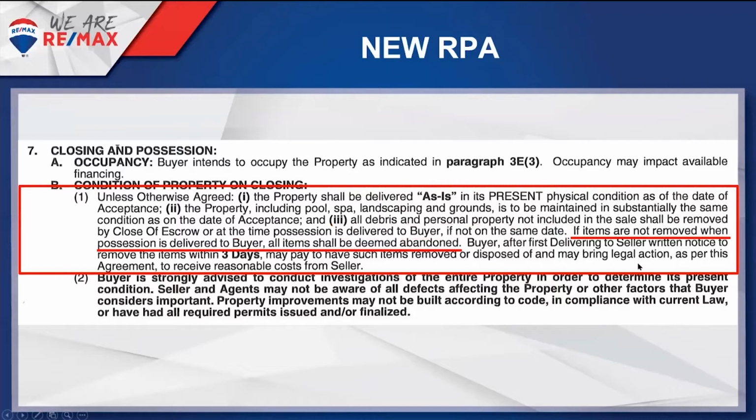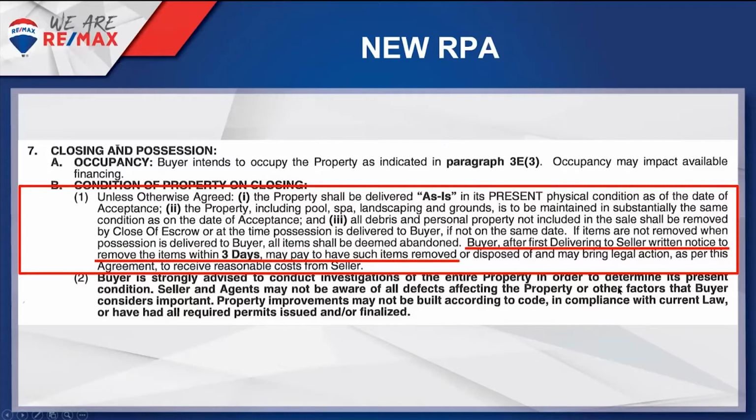Okay. Now, if items are not removed, this is new in the contract. By the way, it's common law anyway, but now they spell it out. If items are not removed when possession is delivered to the buyers, the items are deemed abandoned. And the buyer, after first delivering to the seller a notice to remove the items within 3 days, may pay to have such items removed, or they can take possession of them and claim them.